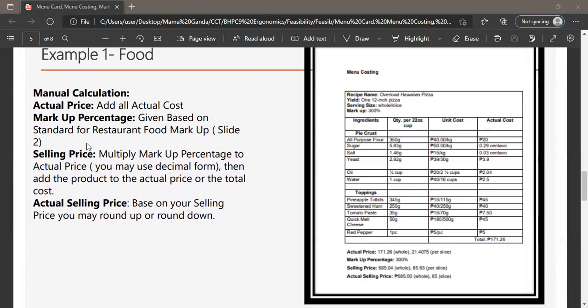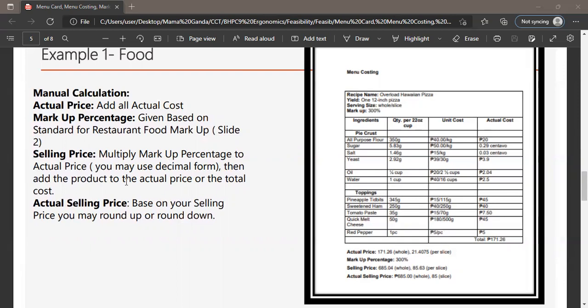So again, this may vary, no, as long as you will not exceed 300% and your percentage will not give you negative profit. Okay, so just look for the safer percentage for you to become profitable. No? So again, the range is up to 300%.